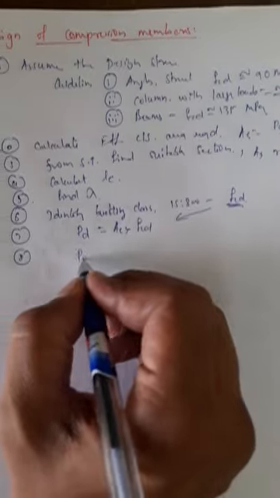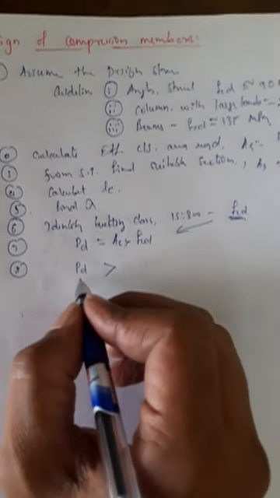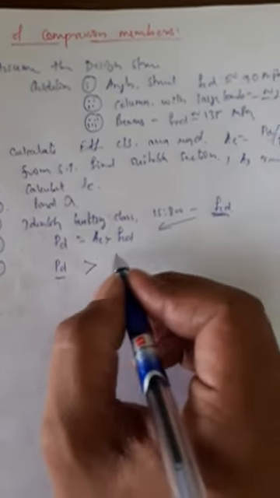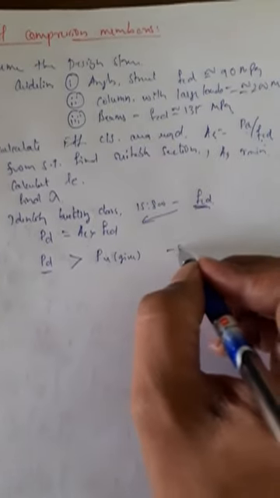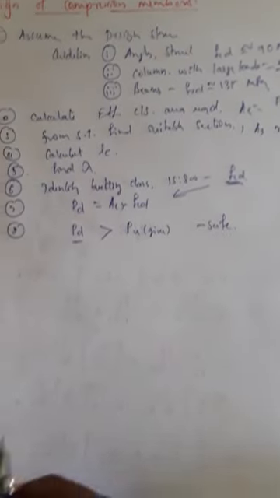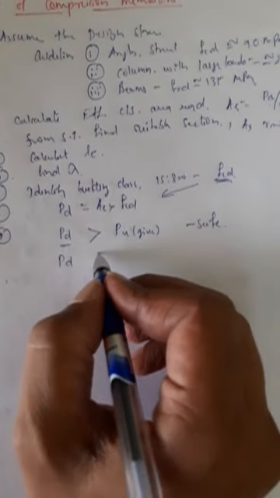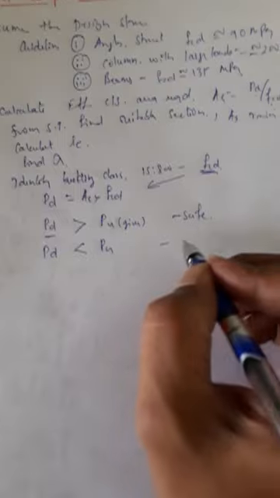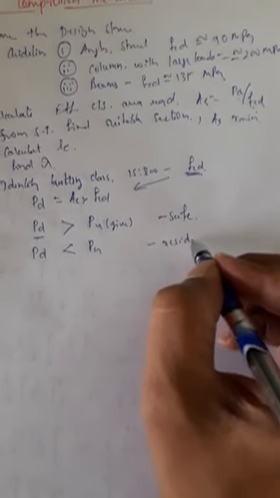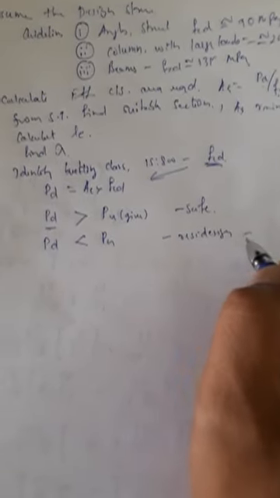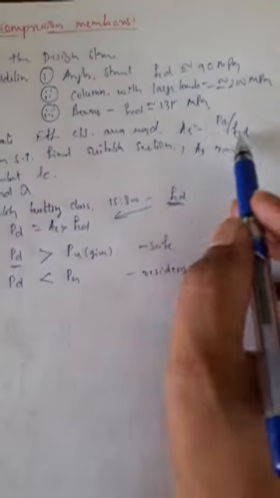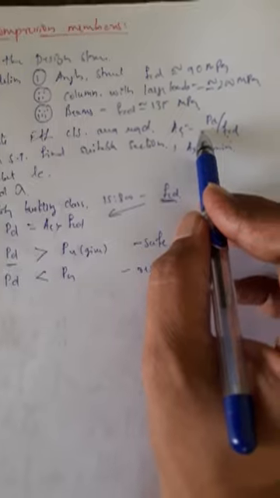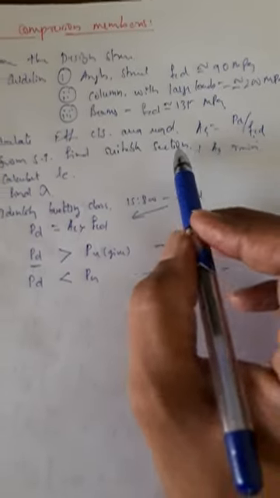Next, compare. PD is load carrying capacity of this section. If PD is greater than PU, given load, it is safe. If this PD is coming less than PU, redesign. To redesign, you have to go back to step 2. Whatever area you have taken here, increase that area by a certain percentage, find out new cross section, repeat all these steps.